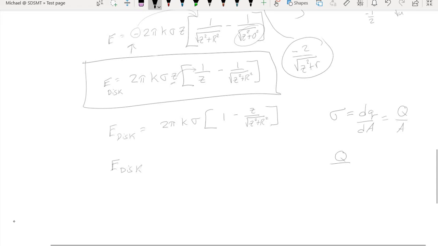And so the full area of the disk is pi big R squared. So we have 2 pi k q over pi R squared, and that means that the pi's will drop out of the expression. And then we have everything left inside the brackets, exactly the way they were before.